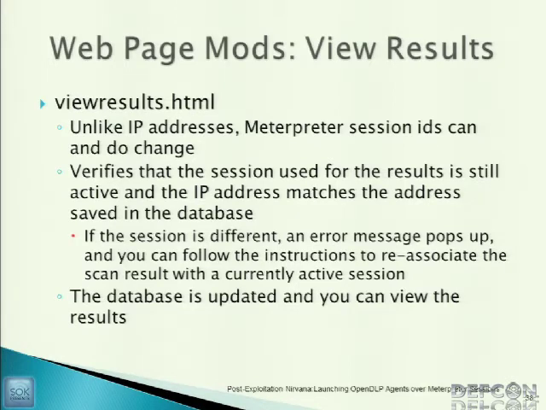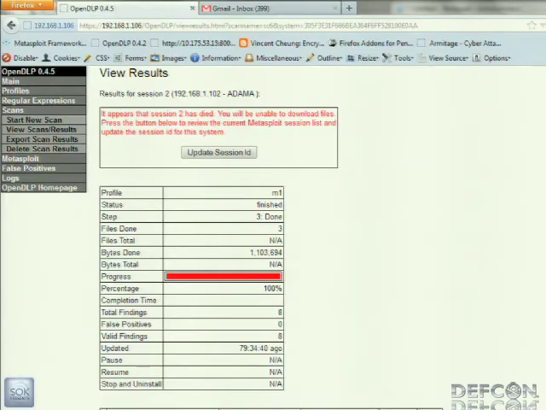So I created a page here that in view results, it checks to see if the session is currently active, and if it is, if the IP address matches. If neither of those conditions are met, it'll give you a little warning message and a button that will allow you to update. I can show you here, see, the session IDs are mismatched.